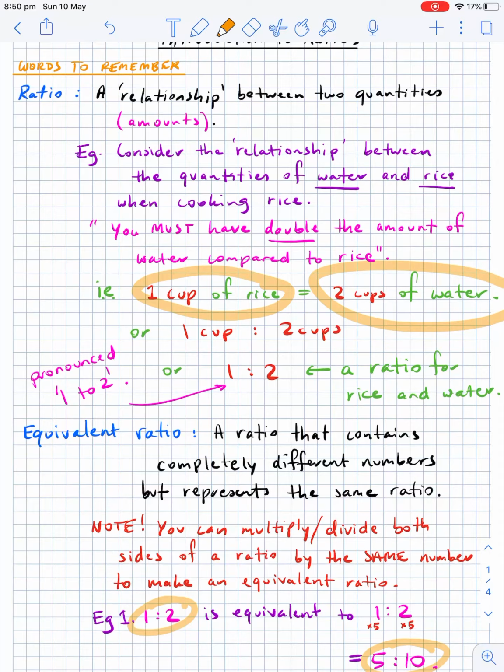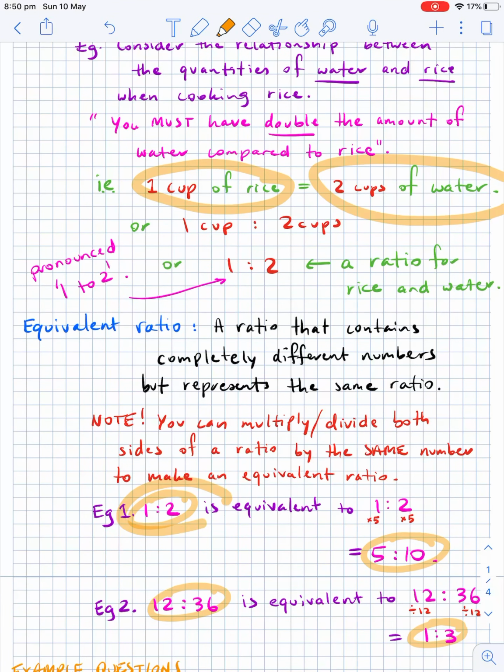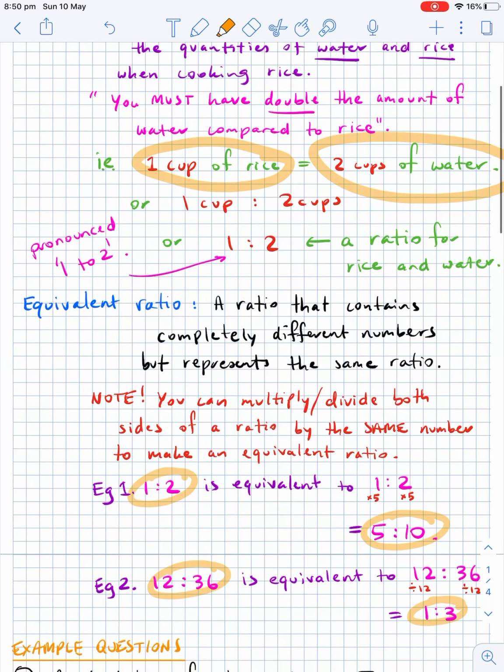So for example, let's deal with this ratio 1 to 2, which we got from our rice and water. 1 to 2 is equivalent to, say we multiply both sides by 5: 1 times 5 makes 5, and 2 times 5 makes 10. So 1 to 2 is equivalent to 5 to 10.